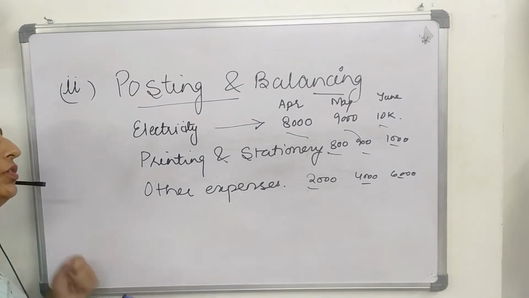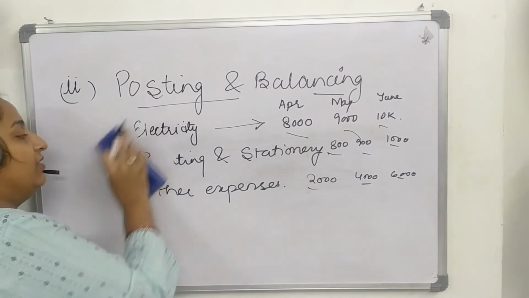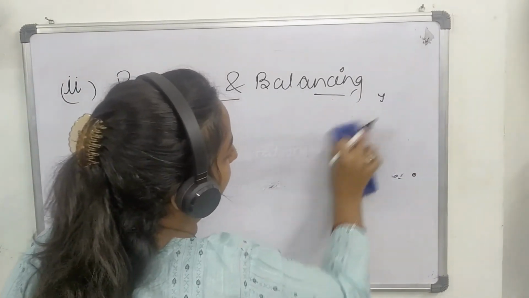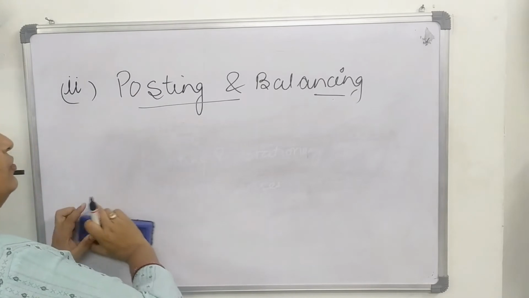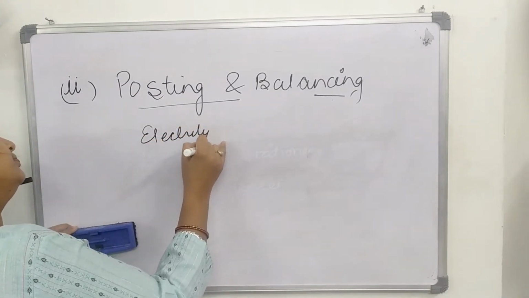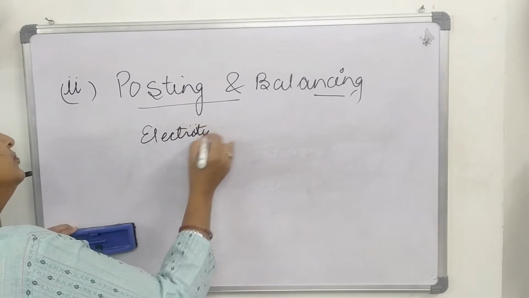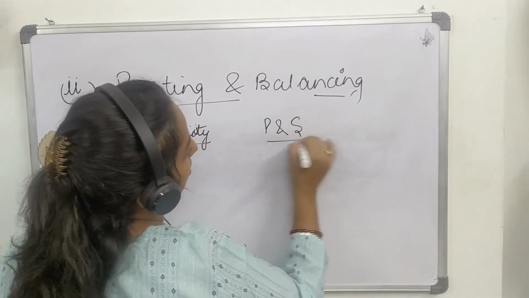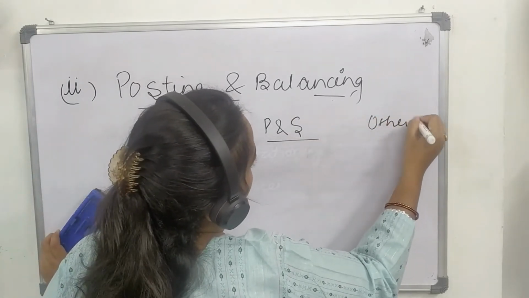Now, what will happen to these things? They will be posted to their respective ledgers. That means we have to make a ledger of electricity, printing and stationery, and other expenses.